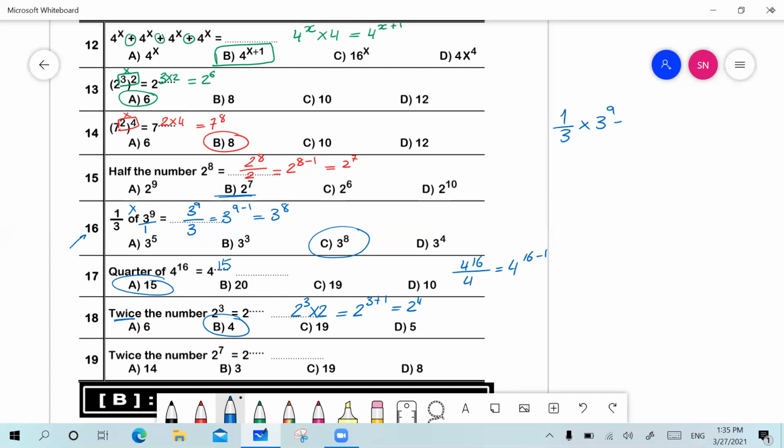Now it's not a fraction, but I can put it like this and make it a fraction. And we learned in the first term that I multiply the numerators together and the denominators together when I'm multiplying fractions. So I have 3 to the power of 9 over 3, right? Now I am having the same base and I am dividing. So I will have 3 to the power of 9 minus 1, which is equal to 3 to the power of 8. Same idea as the quarter and the half. Okay, Malak? Okay.